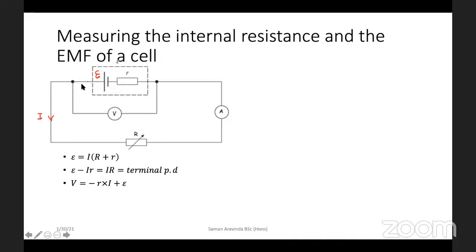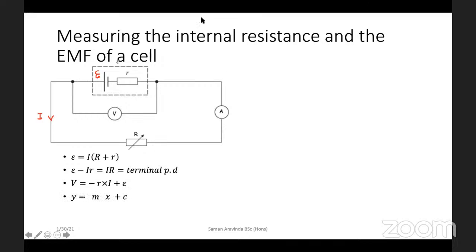But I need to connect it across this. Why? Ammeters we assume to have no resistance. So epsilon minus I simple r is equal to I capital R. I capital R is the terminal potential difference. So I subject the terminal potential difference and I rearrange this equation as V equals minus r times I plus epsilon.